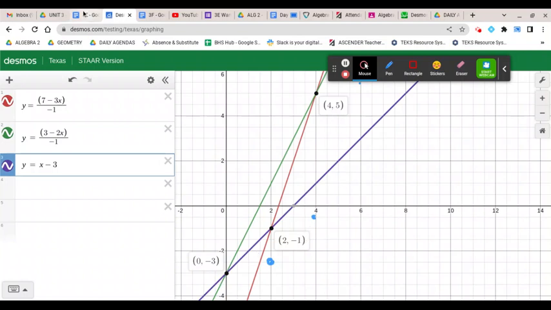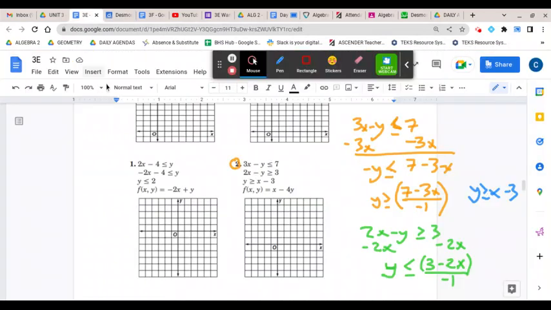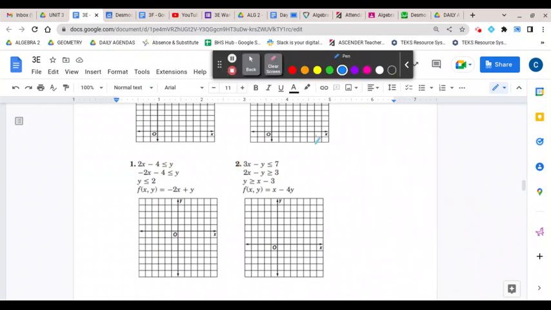Pause the video if you need to while I go back to the thing. So we have our objective function here. (4, 5) could be one of our points with our objective function, x minus 4y. So we'll have 4 minus 4 times 5. Another point was (2, -1), so we'll go 2 minus 4 times negative 1.